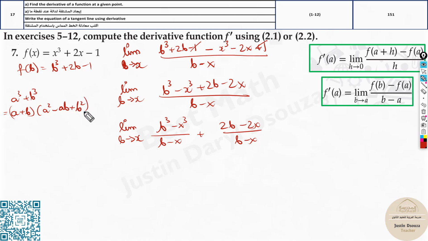There is a mistake which many students tend to make. It's a bit of confusion. Many students think, okay, if it's plus, everything is plus. No, that is not the case. This is minus. Whereas if it is a cubed minus b cubed, it's a minus b, then everything is plus: a squared plus ab plus b squared.